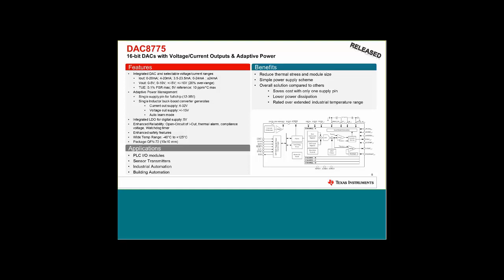So basically, we implement most of the conventional current output spans and voltage output spans, which are selectable via software, so you don't have to change resistors or anything of that nature.